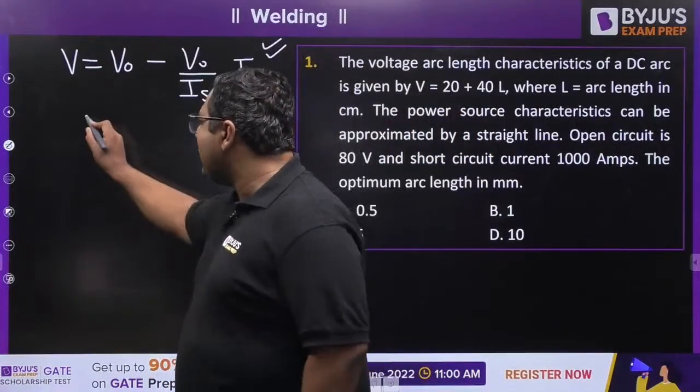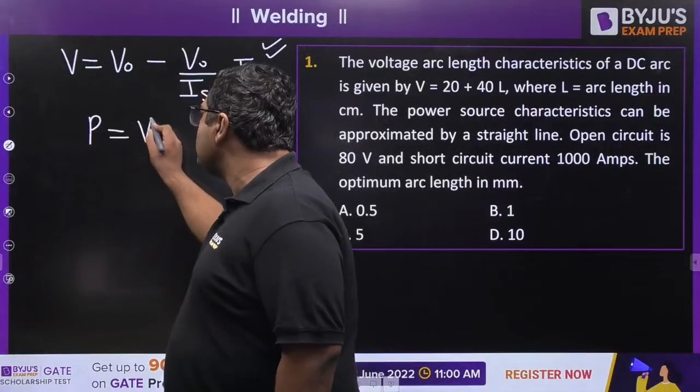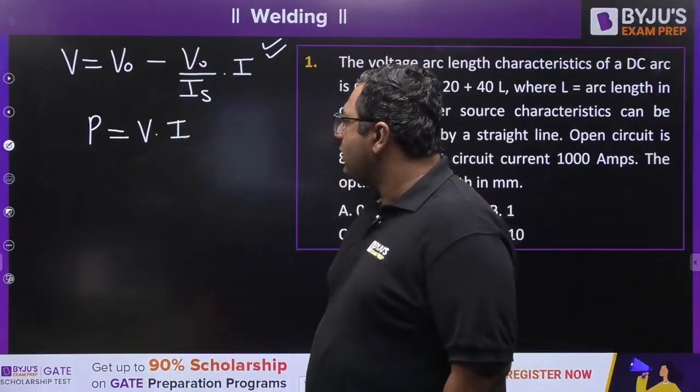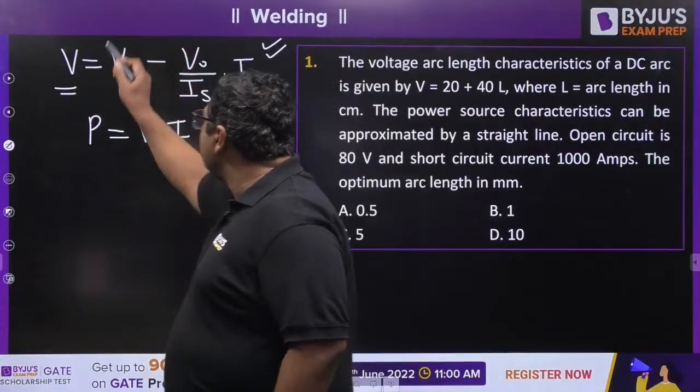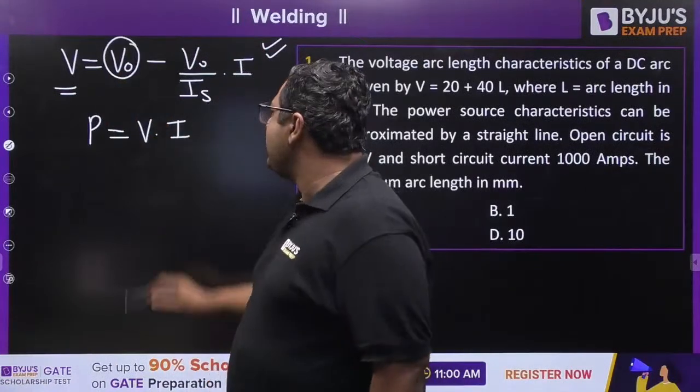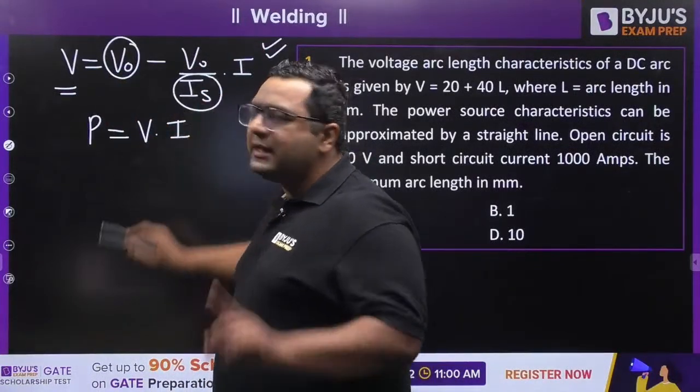So you already know that power is voltage into current. The value of voltage is there in this equation. You know V naught is open circuit voltage, it is a constant. IS is short circuit current, it is a constant.